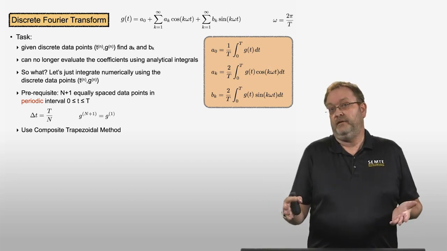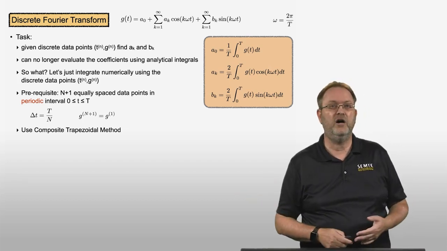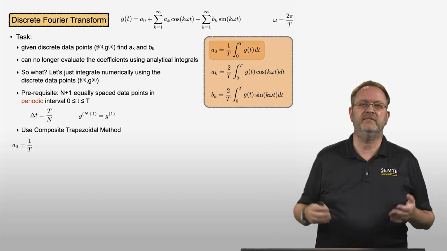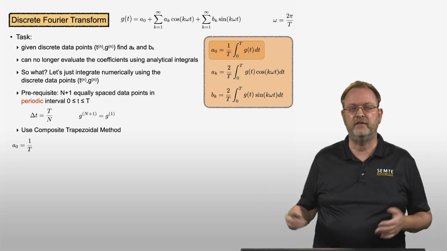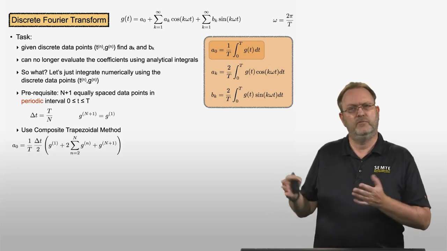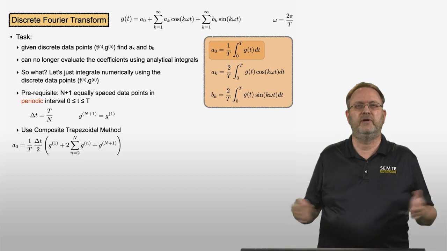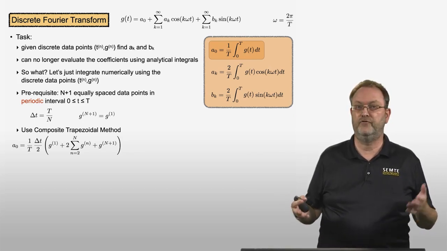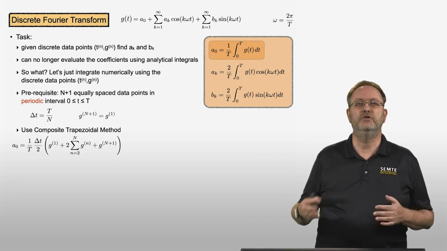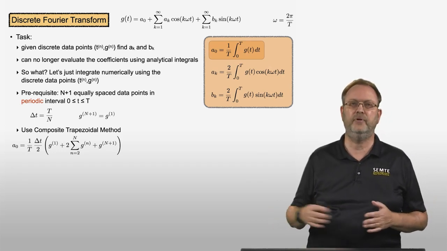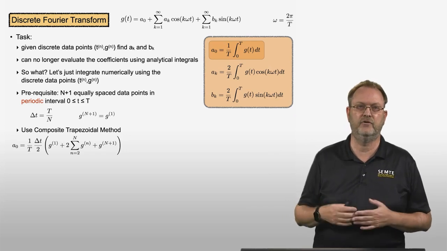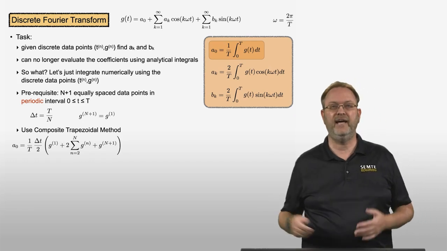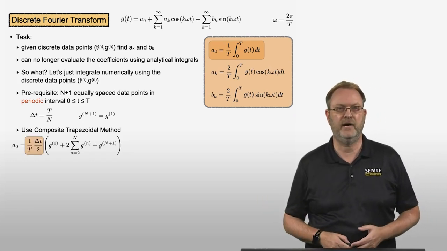So let's evaluate these integrals, and let's use the composite trapezoidal method to do these integrations. So that means a sub naught is equal to 1 divided by the fundamental period T. And I'm just going to replace that integral with the composite trapezoidal method, which was: take the value of the function at the first data point, plus 2 times all the intermediate data point values gn, from little n goes from 2 to uppercase N, and then plus the value at the very end, the g uppercase N plus 1.